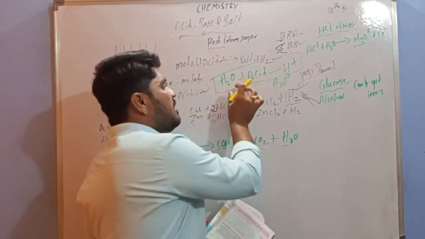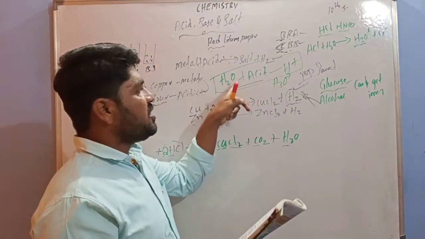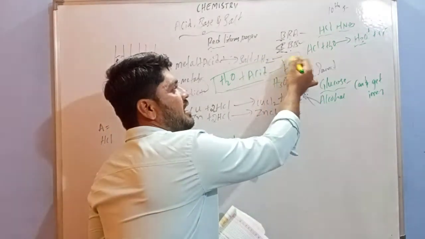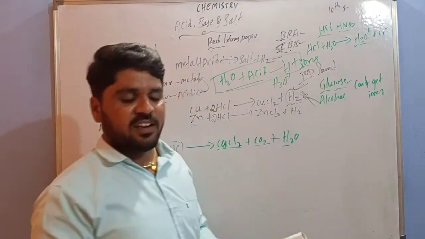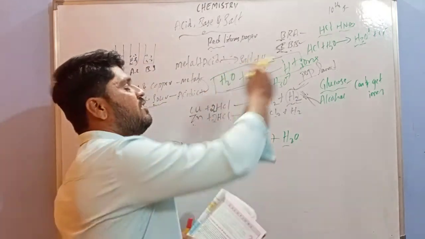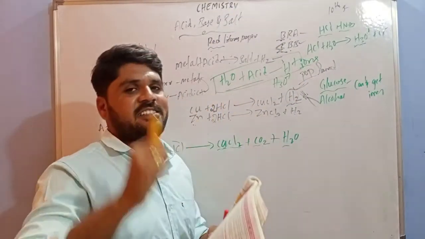So when acids mix with water, ions are produced. These ions are responsible for the conduction of electricity. Movement of ions we call electricity. These ions carry the electricity.